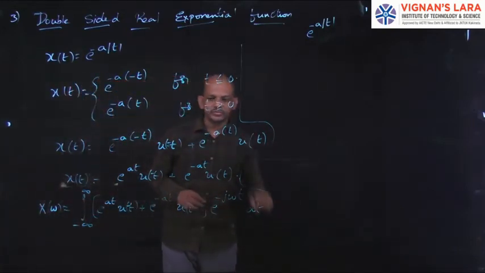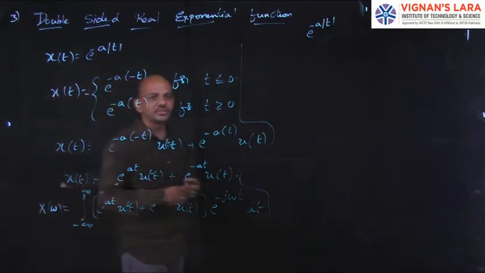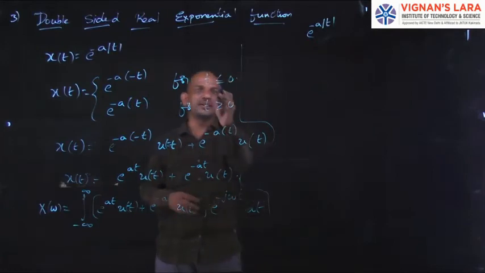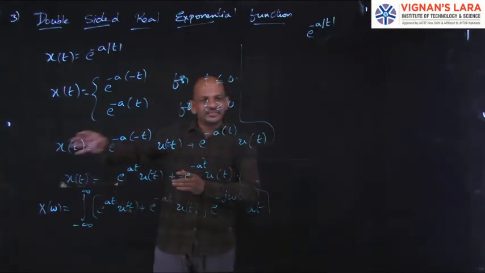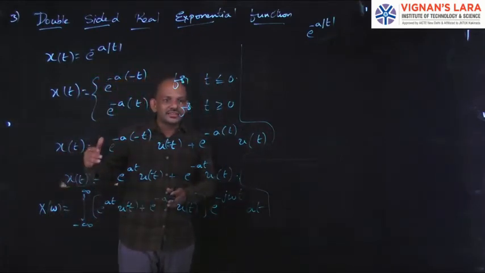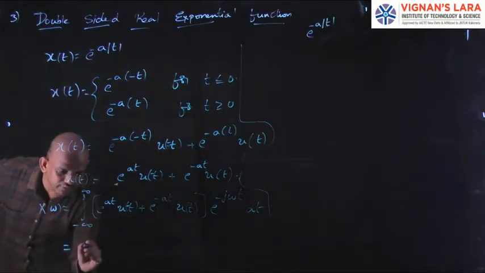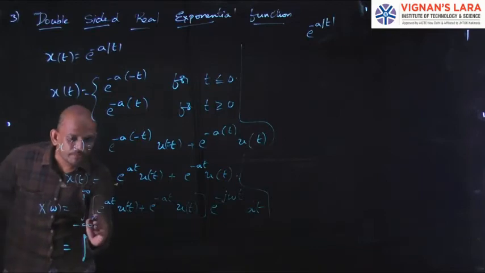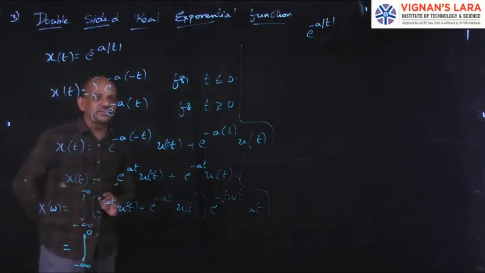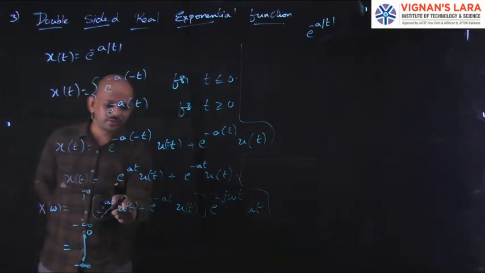Okay. Now see, this u of minus t exists only for t less than or equal to 0, that is minus infinity to 0. So this function is only for minus infinity to 0. Now this will be equal to the integral from minus infinity to 0. We have the value of u of minus t equal to 1.